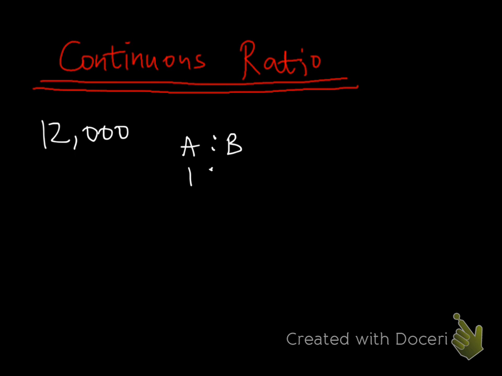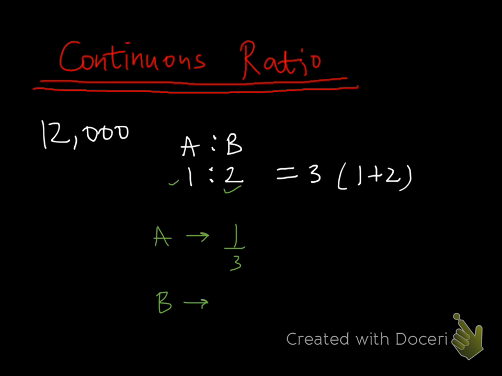A and B will get the wealth in the ratio 1:2. So how do they actually get it? Add 1 and 2, you'll get 3. So A will get 1 by 3 of the total and B will get 2 by 3 of the total.